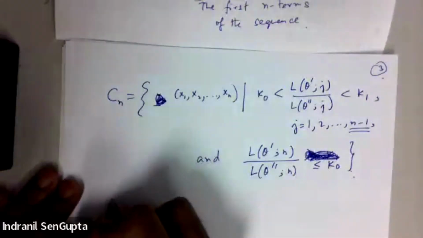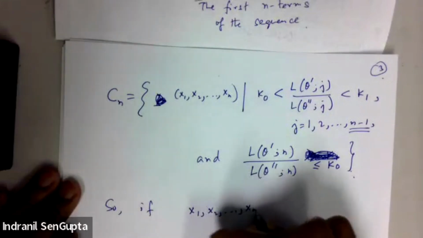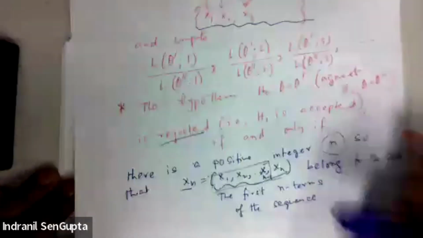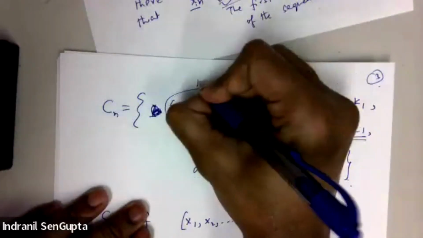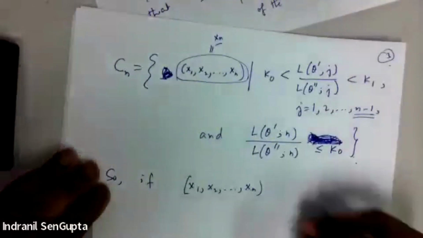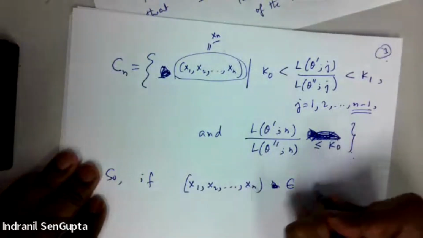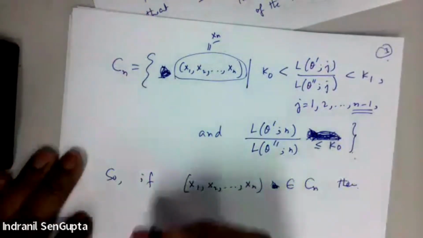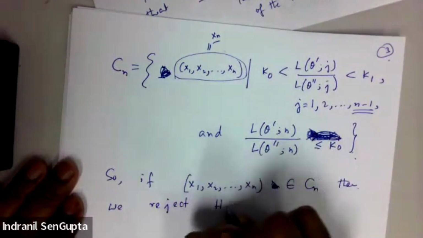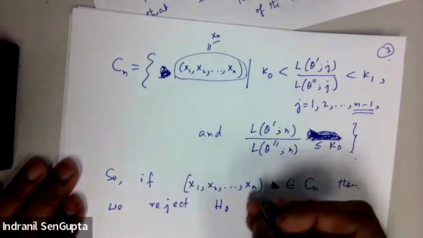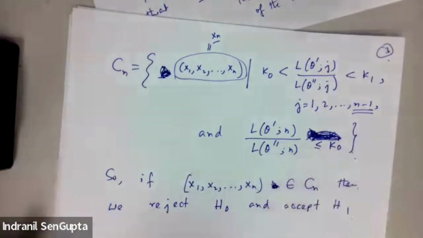So if x1, x2, up to xn, which another notation is xn bar, belongs to Cn, then we reject H0 and accept H1.